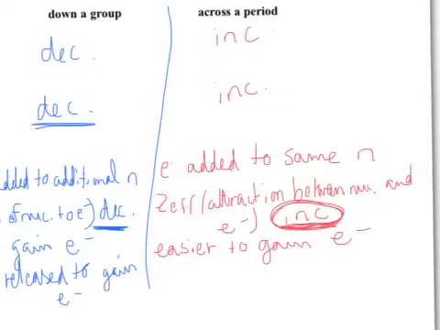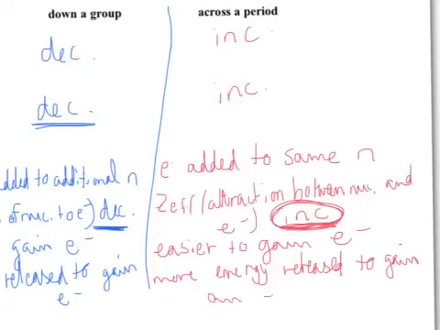If you love chocolate so much, you're willing to pay a lot of money to gain a piece of chocolate. And so more energy is released to gain an electron.